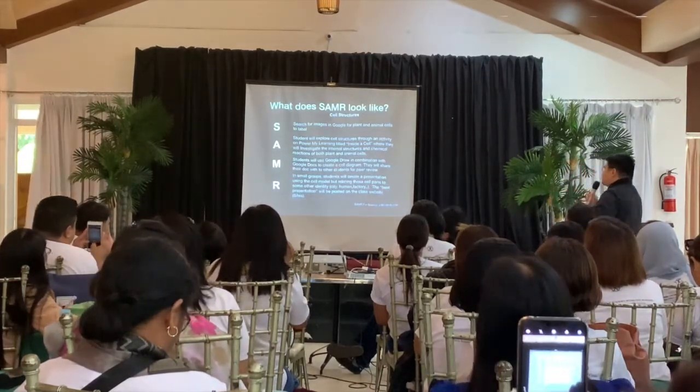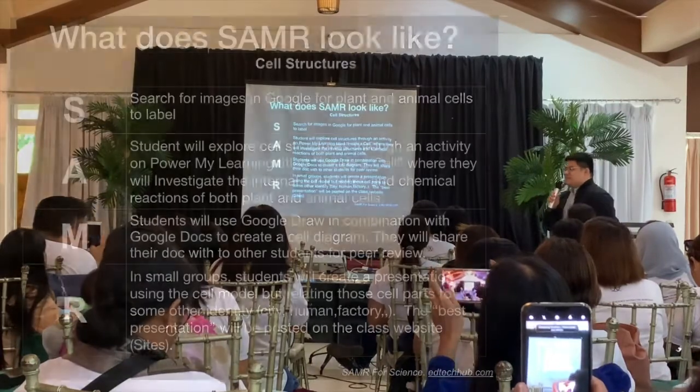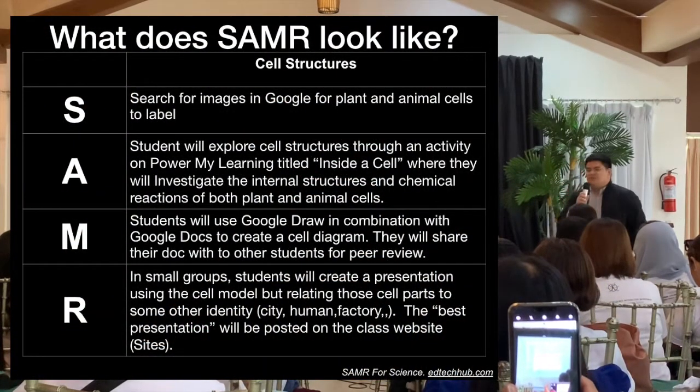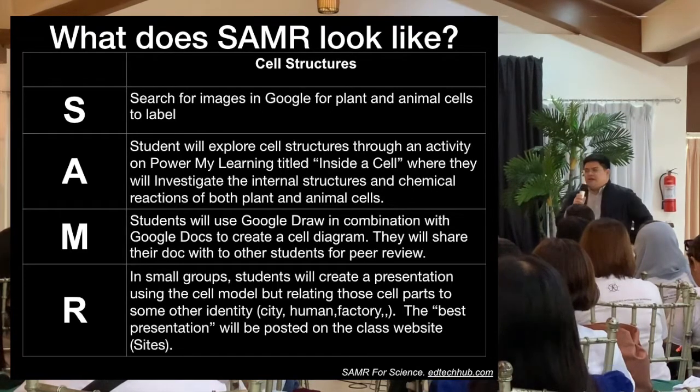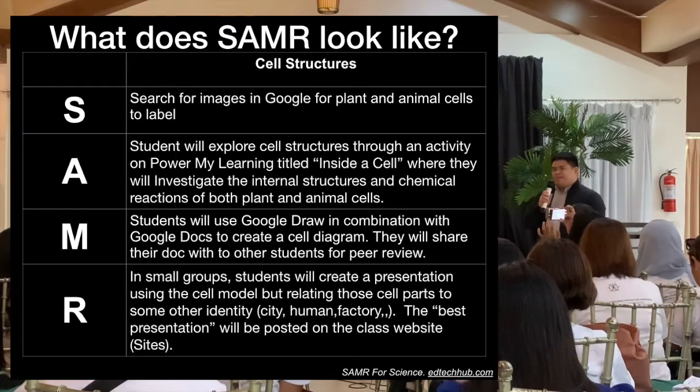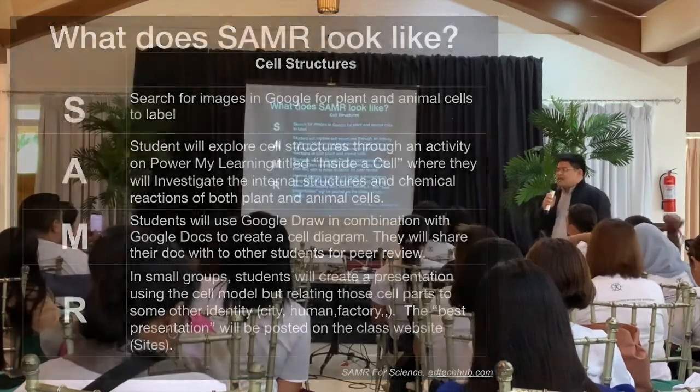So let's take this example, cell structures. At its most basic, we would just have our students or teachers themselves look for Google images of plant and animal cells to label. This is what we're already doing inside the classroom.